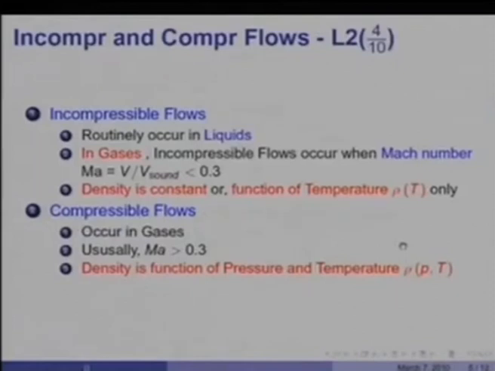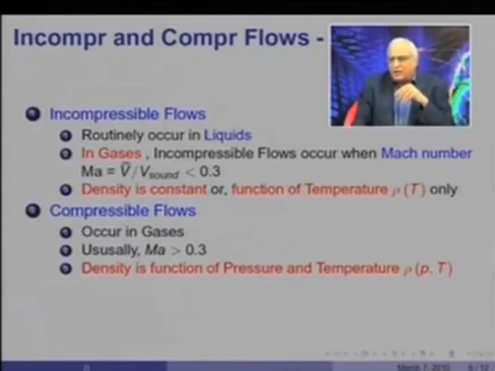A third classification is incompressible and compressible flows. Now, of course, incompressible flows routinely occur in liquids. We all know liquids are incompressible. The distinction is really applicable to gaseous flows. In gases, we say the gas flow is incompressible if the Mach number, defined as the velocity of the fluid divided by the velocity of sound in that fluid, is less than 0.3.